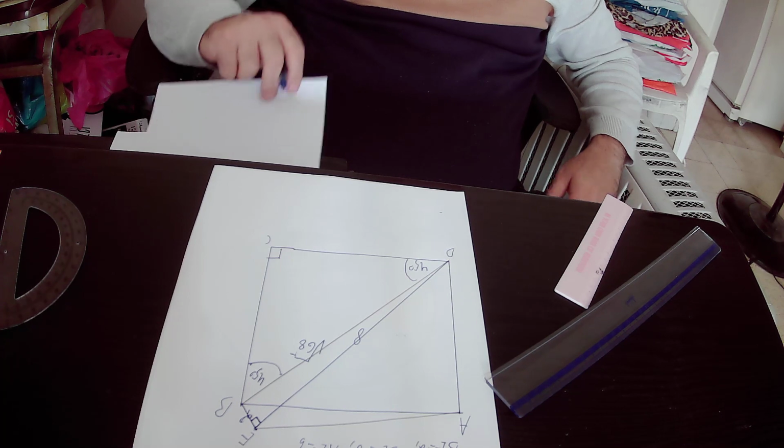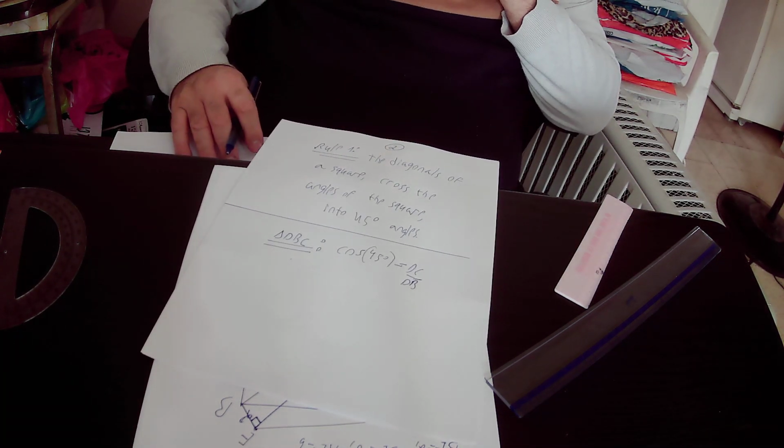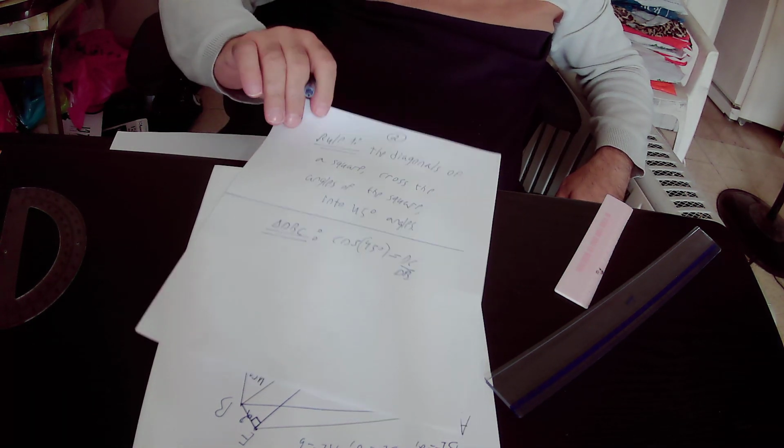Okay, the right triangle DBC, cosine 45 degrees equals DC over DB.